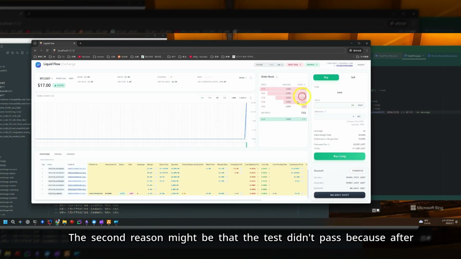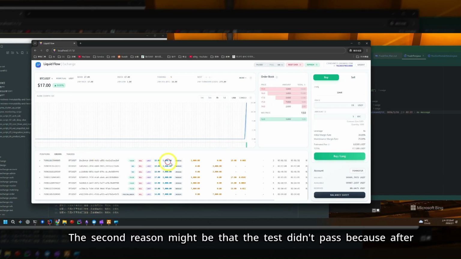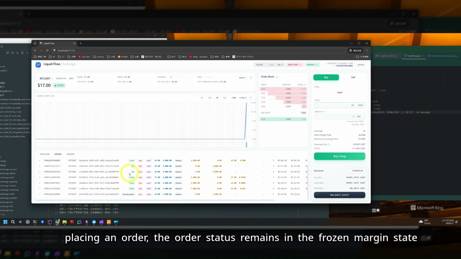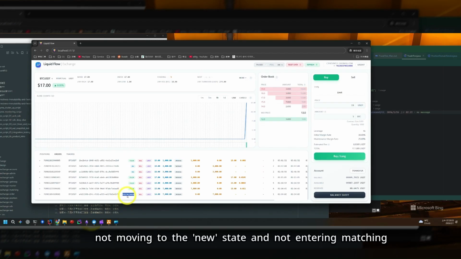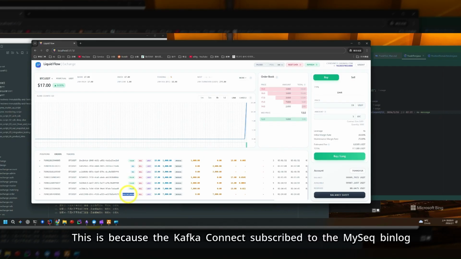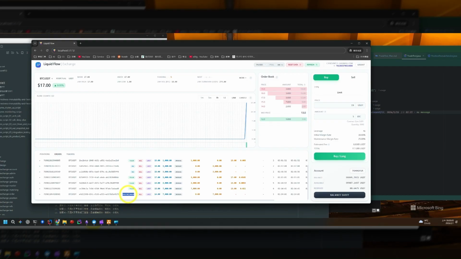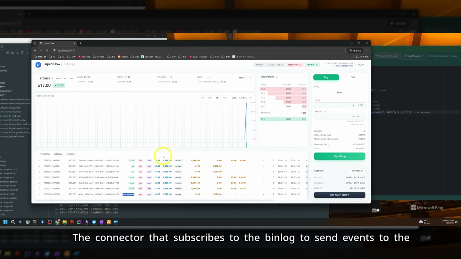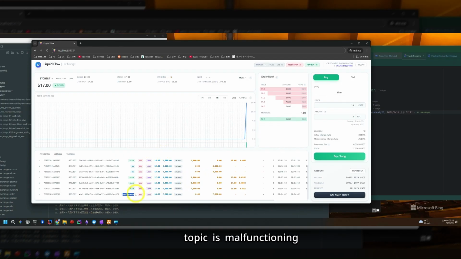The second reason might be that the test didn't pass because after placing an order, the order status remains in the frozen margin state, not moving to the new state and not entering matching. This is because the Kafka connector that subscribes to the MySQL bin log to send events to the topic is malfunctioning.